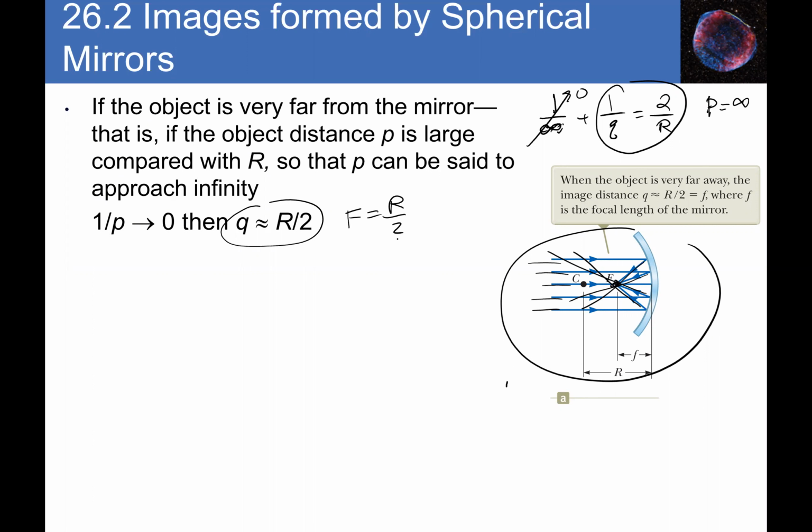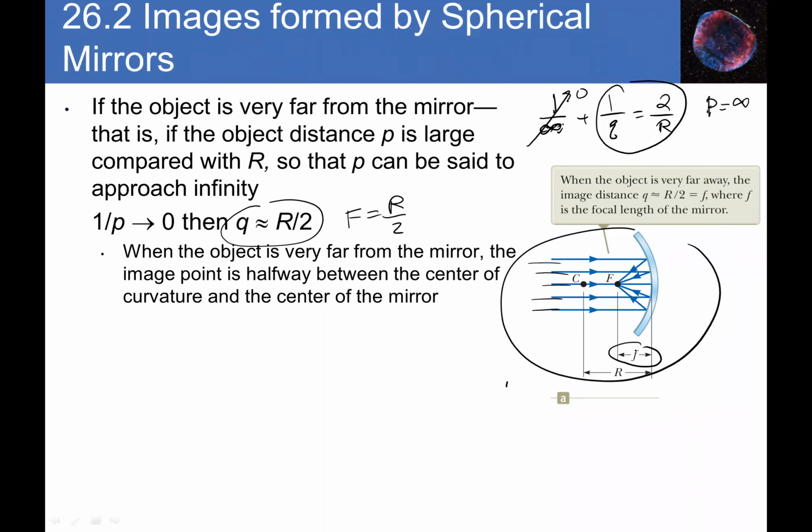That means the image formed if the object is infinitely far away is exactly at the position which is half of the radius. We call that the focal point, or the focal length. For an object really far away, you can always assume the rays are parallel to one another.